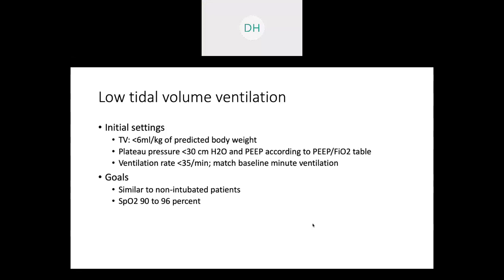Slide 20. So the initial settings of the ventilator should be less than 6 milliliters per kilogram of predicted body weight for the tidal volume, and avoid plateau pressures above 30 centimeters of water. And titrate your PEEP according to the PEEP FiO2 table provided earlier.